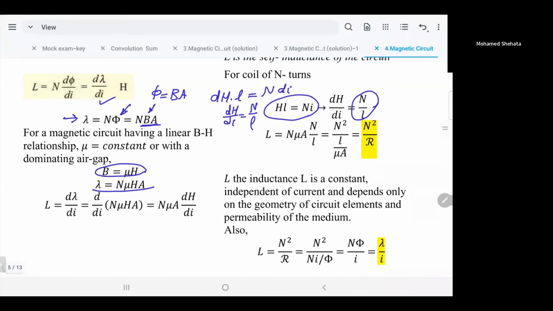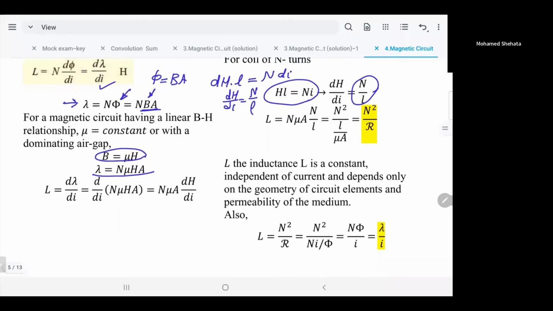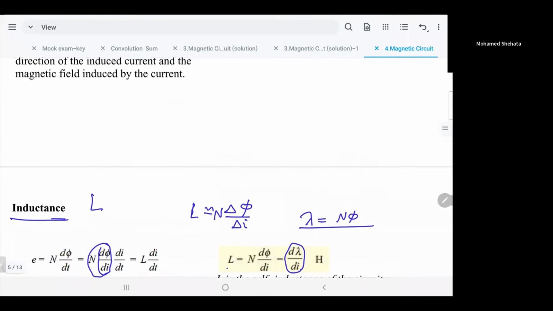You have to remember there are two things, flux linking and flux linkage. Let me just remind you what the difference is between both, because we will use it in the transformer. If you have a coil applied with electric current, it will have a magnetic field everywhere, but there is a set of magnetic field linking with the second coil.